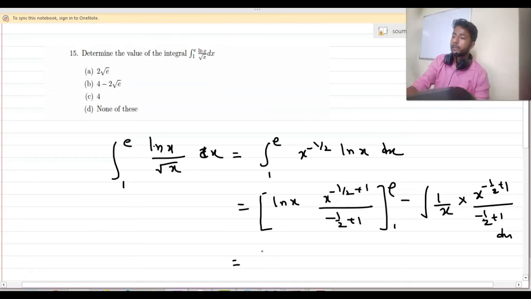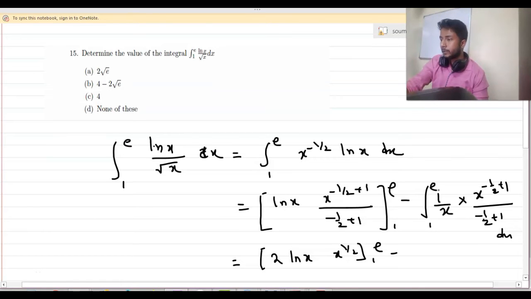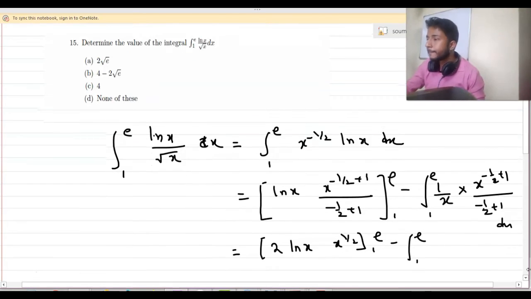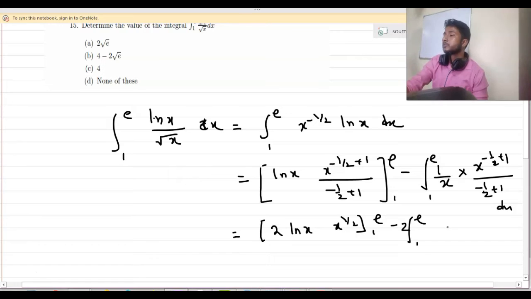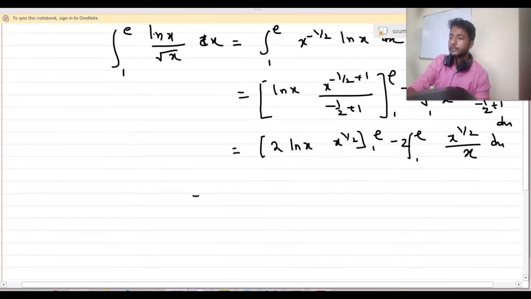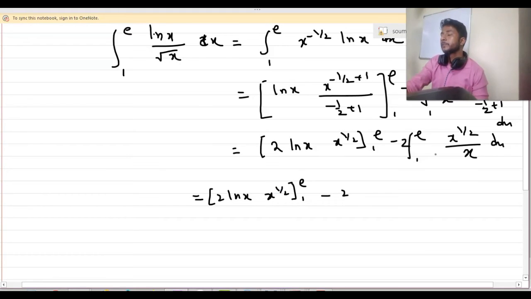So I can write it as 2 ln x x to the power half from 1 to e minus integration 1 to e of 2 x to the power half by x into dx. So we can write it as 2 ln x x to the power half from 1 to e minus 2 times integration 1 to e x to the power minus half into dx.